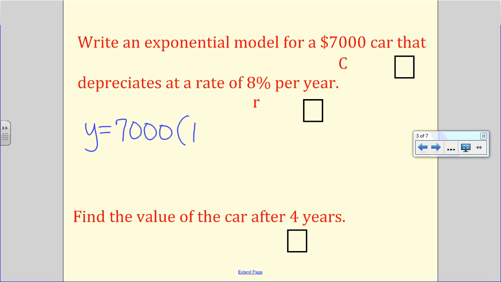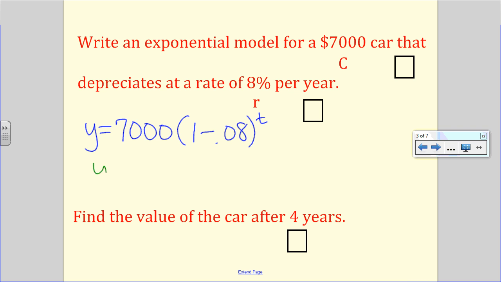But instead of adding, what are we doing in this decay model? Subtracting. I'm taking away a little bit of that value every year. So I'm going to minus 0.08. And then I'm going to put in my T because I don't know how many years.